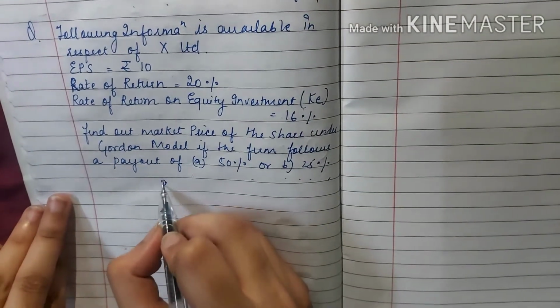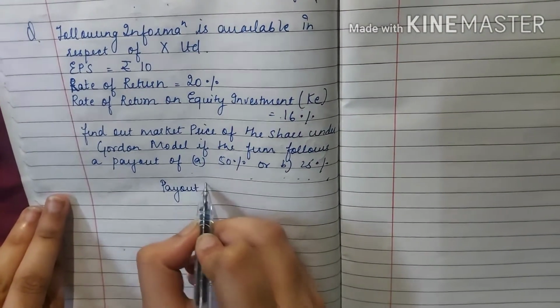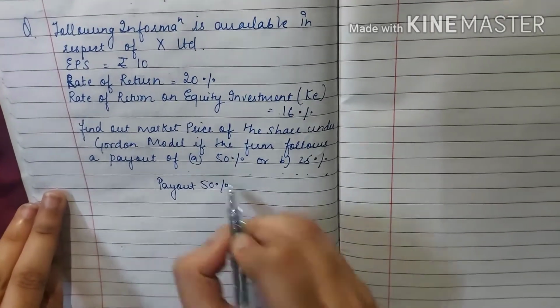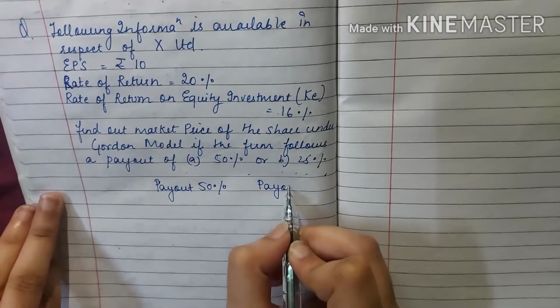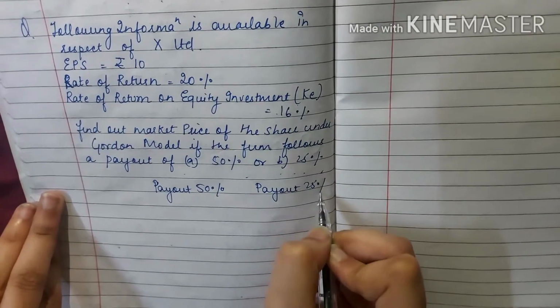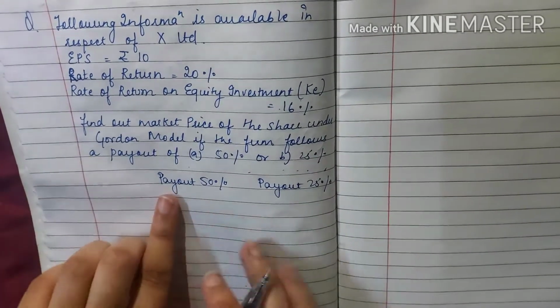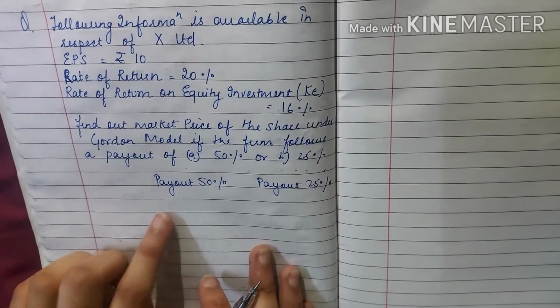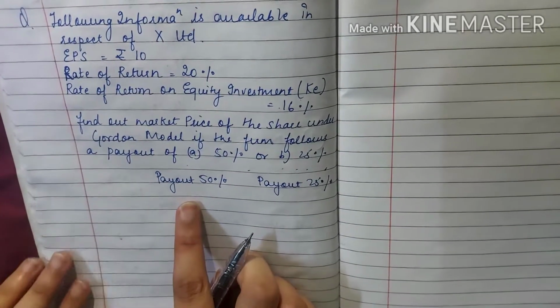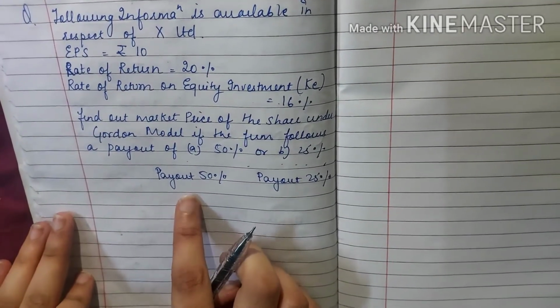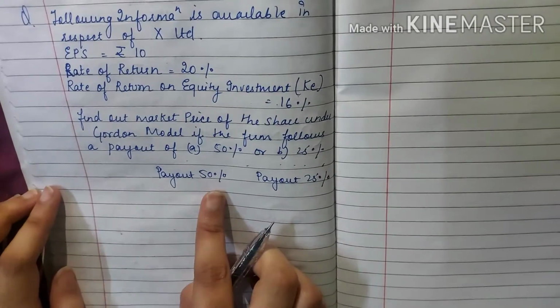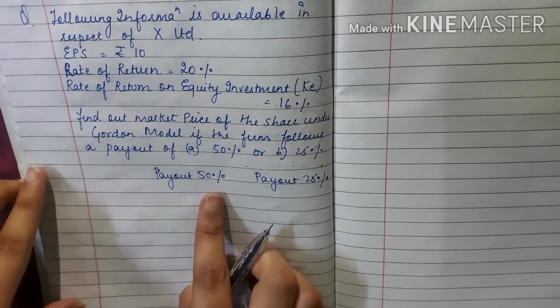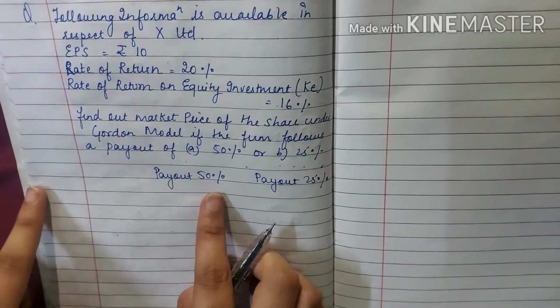First we will write here payout 50% and payout 25%. So basically this payout means the ratio at which the shareholders are given the dividends. So 50% of the earning of the firm is given to the shareholders as the dividend.